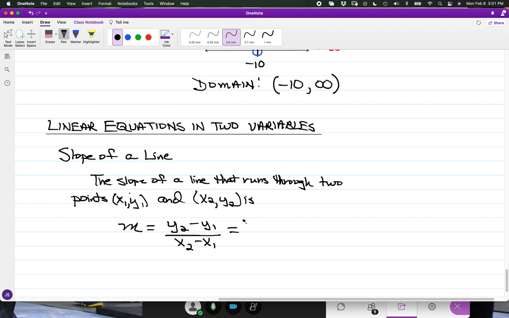Okay, and so you're looking at vertical change with respect to horizontal change.